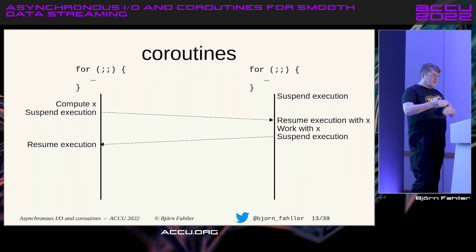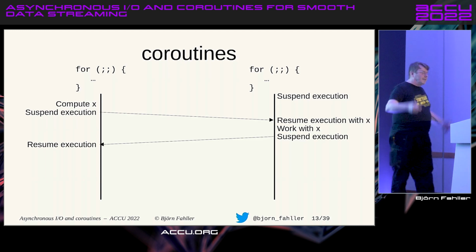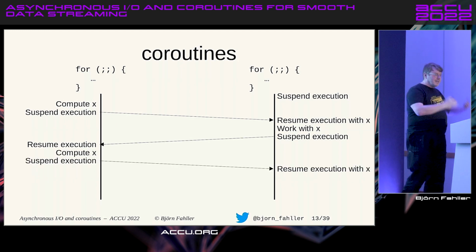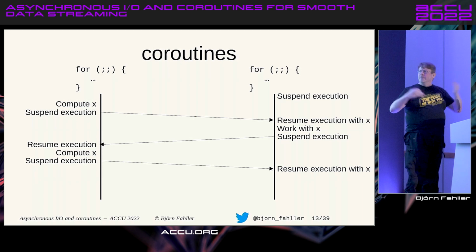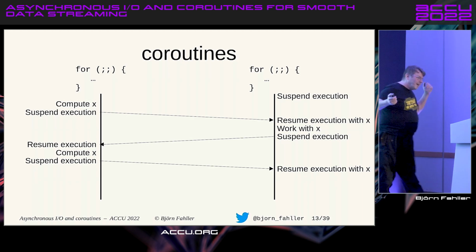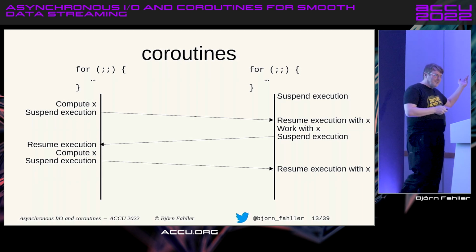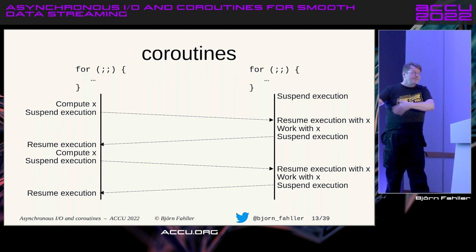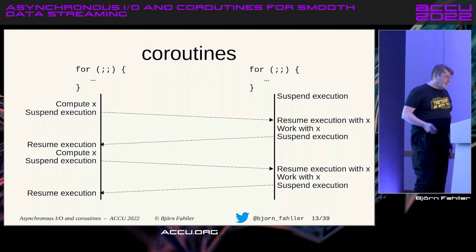And when it's done, it suspends its execution, hands everything back to the one on the left, computes another x, suspends its execution, hands over, right, left, right, okay. Hands over execution to the right, which works with x, suspends, etc. Go on. You see the idea.